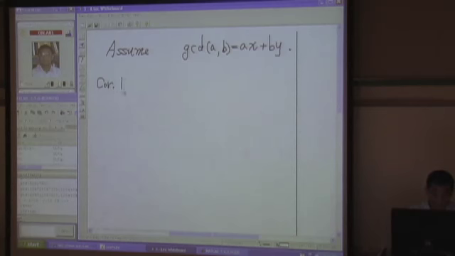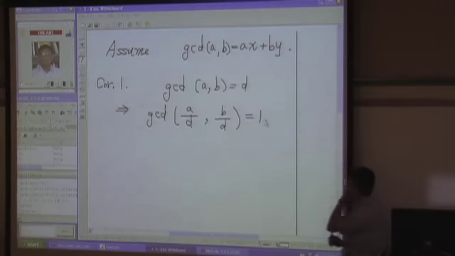Corollary 1 in the textbook. If GCD of A, B is equal to D, then the GCD of A over D, B over D equals 1. This is the one that I want to prove.